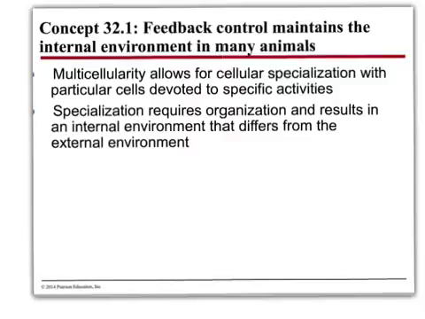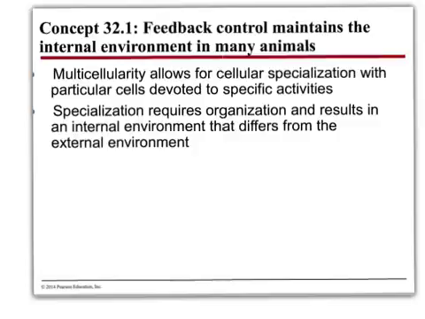The overall goal for an organism is to maintain some type of normal environment internally. Remember that now we're talking about multicellular organisms, so cells have to interact with one another in order to maintain some type of normalcy.